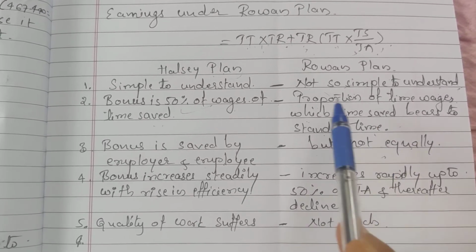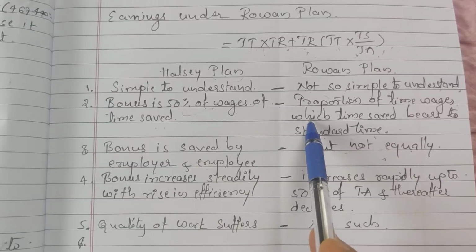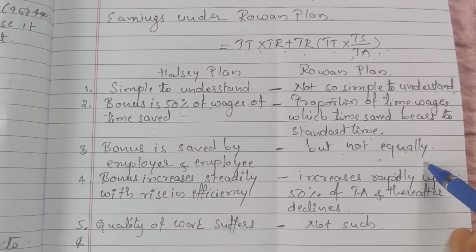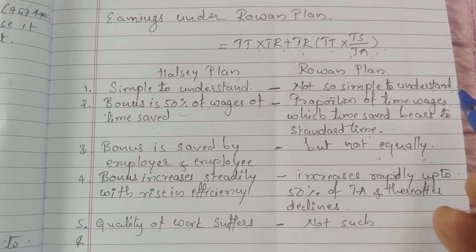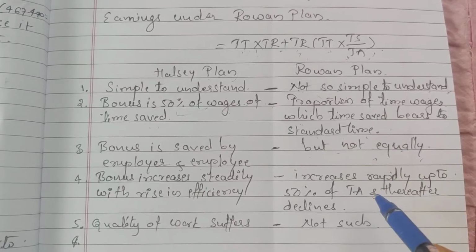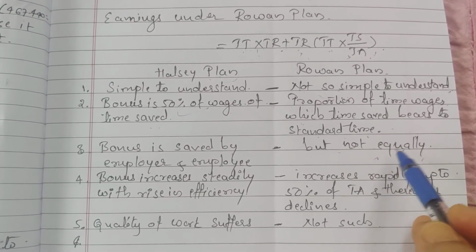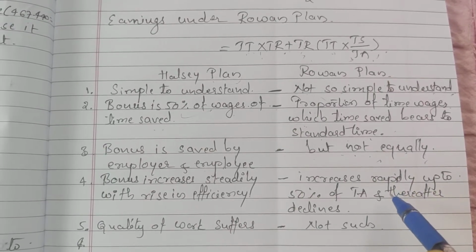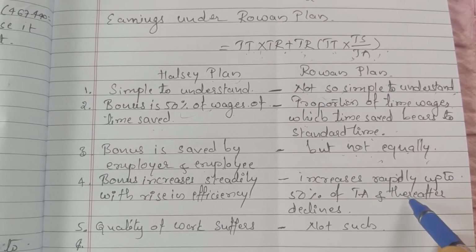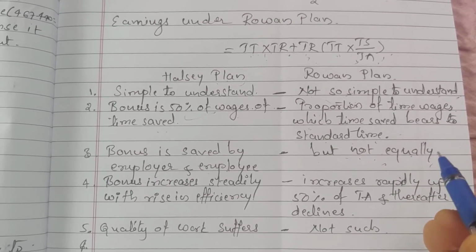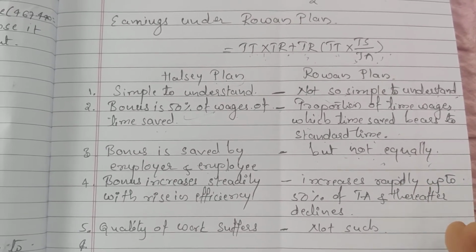If we compare it with the Halsey plan, it is less beneficial to the employer because the calculation is on the basis of the time saved bears to time allowed, so it will be very less for the employer when the time saved is increasing.